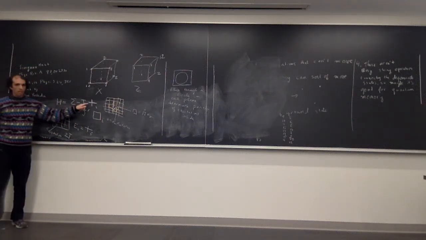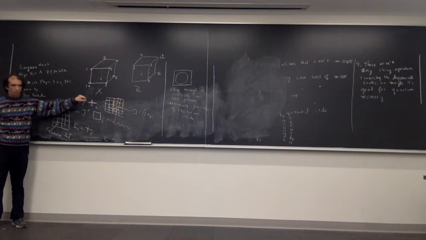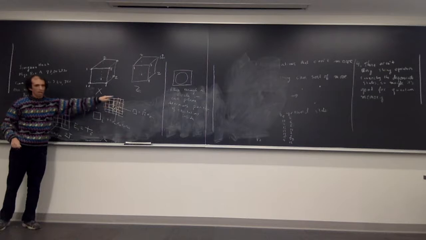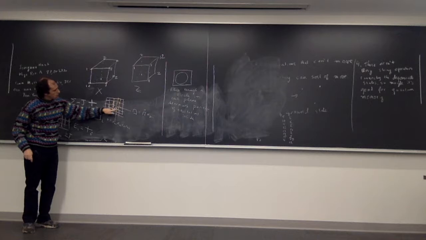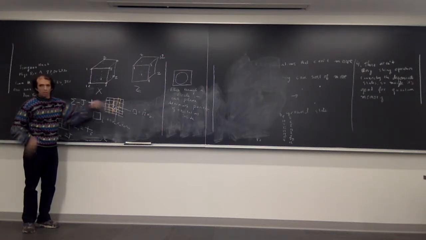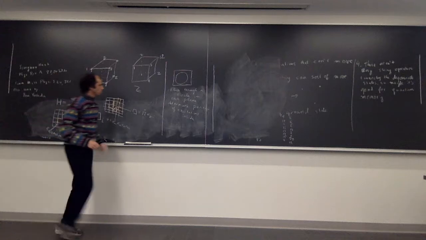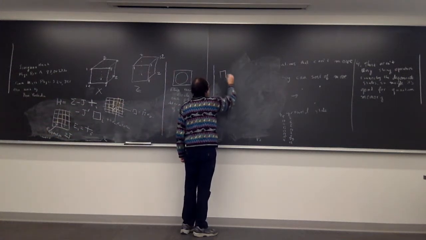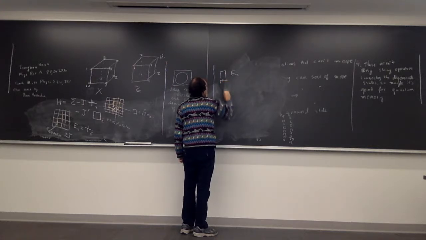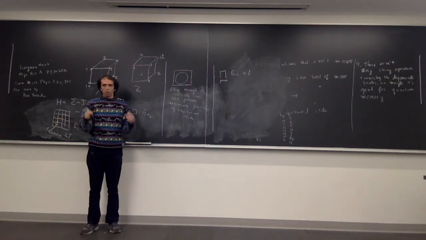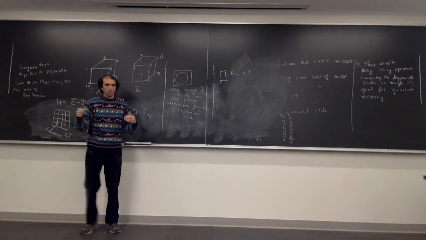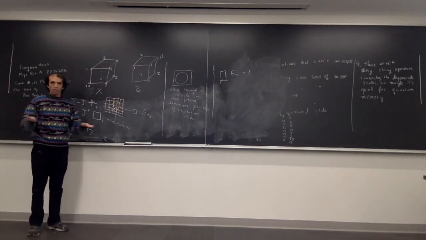If I take all these E_i operators that tell you where the excitations are, and I multiply them together for all the vertices in this lattice, I just get the identity operator, because each edge is associated to two vertices, and when you multiply them together, it cancels out. So the product of E_i in each plane is equal to 1, which is to say that you have to have an even number of excitations in each plane. You can't have an odd number.